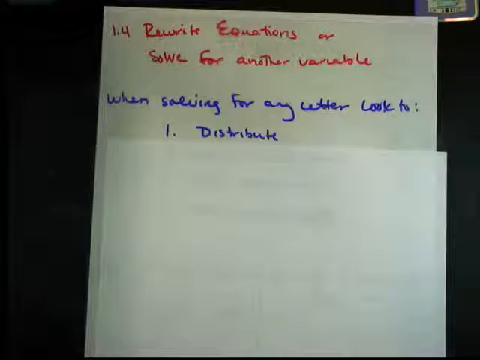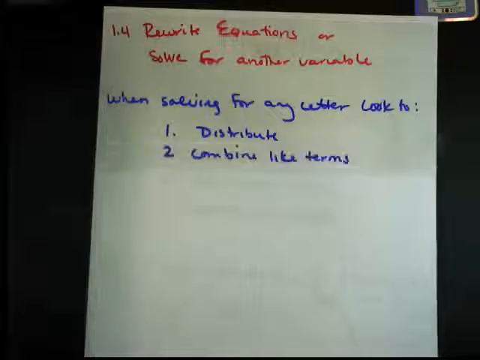When we solve for any letter, we're first going to look to distribute. Get rid of any grouping symbols that we may have. Same thing that we do with our numbers. We're going to combine like terms, meaning if there's variables on two sides, we're going to get them to be the same. If there's variables on the same side, we're going to get them to be the same.